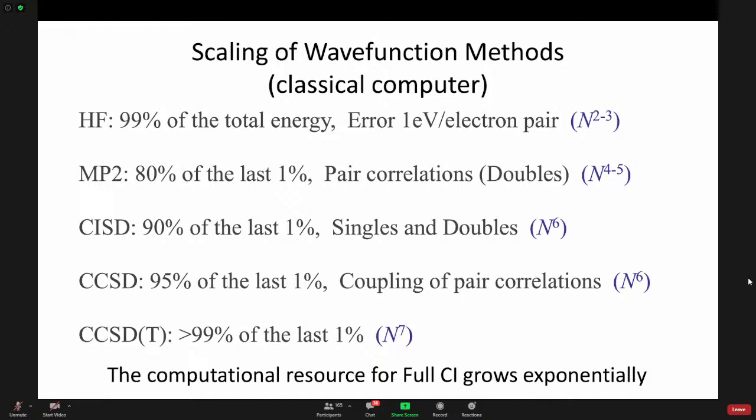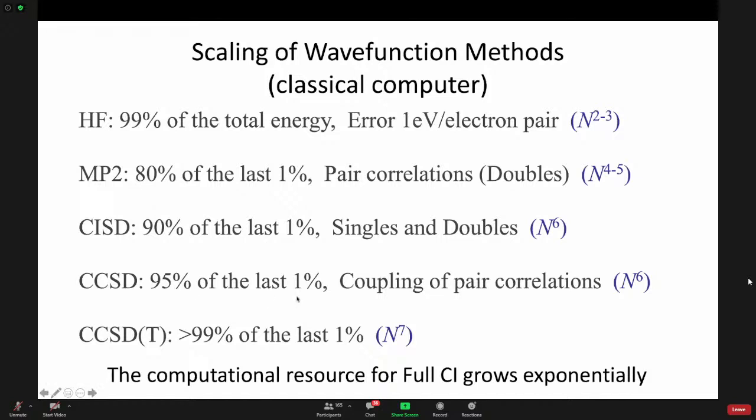So when we try to tackle large systems with these methods, we need a huge classical computer, which is usually a supercomputer. However, if we can calculate this size on the current supercomputer, we have to build a huge computer to calculate a 2 times larger molecule.